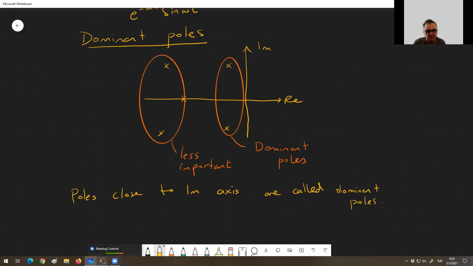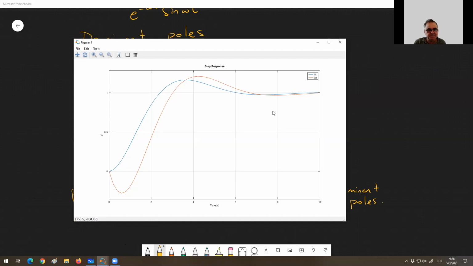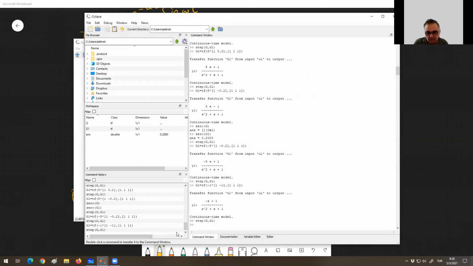Let me give you an example using MATLAB. We can, well, let's not close it. Let's define a transfer function now. What should we say? Let's forget about the zero now. Let's select a third order system or something. One.